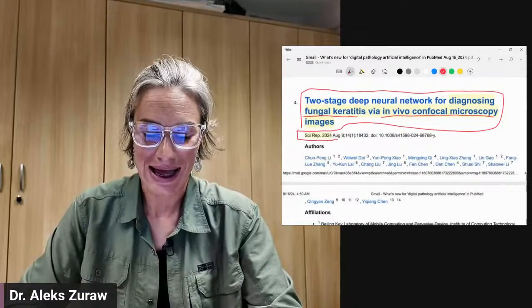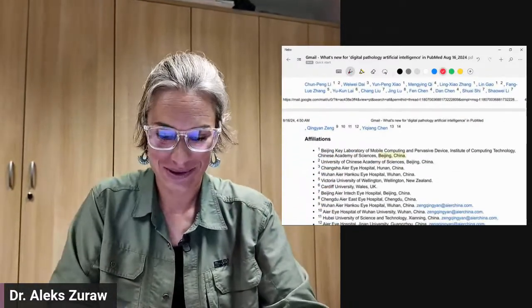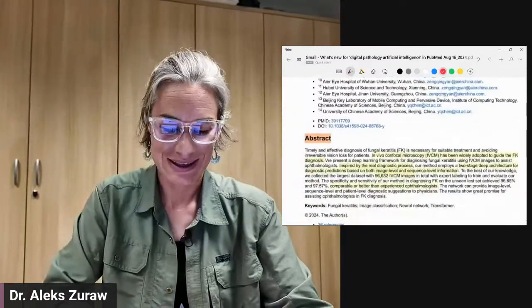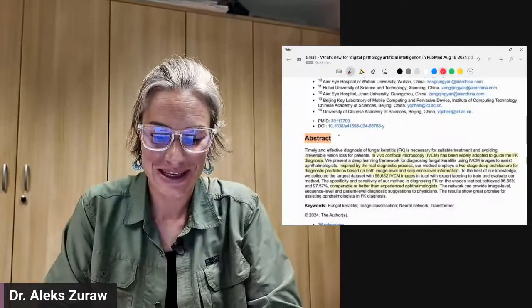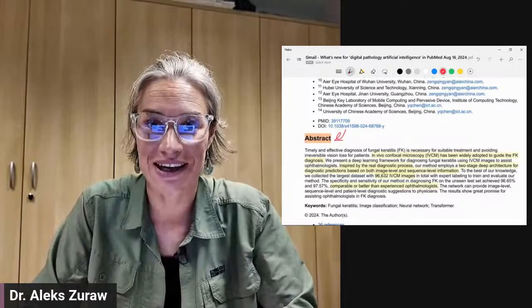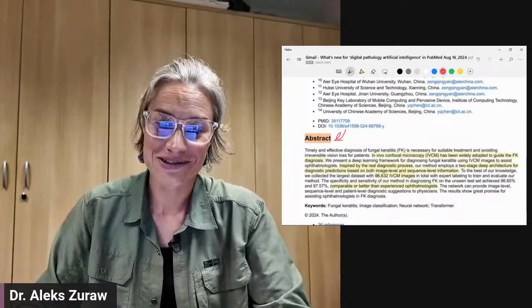And then I went into this paper and I checked. By the way, this is a group from China, from Beijing. I made notes, but anyway, the note I made by the abstract was, how do you normally diagnose it? To put it on the microscopic slide and use light microscopy, you know what you have to do? You have to scrape your cornea.